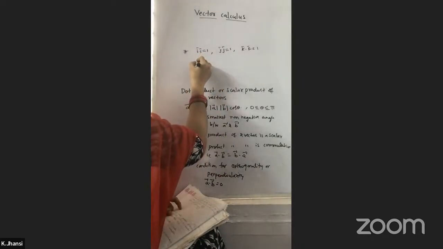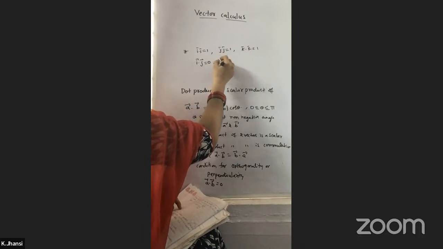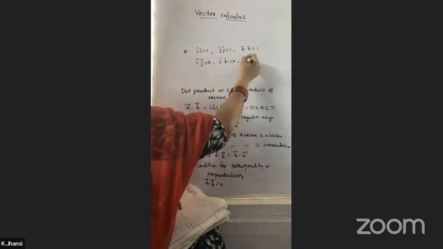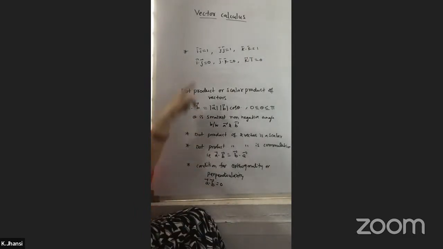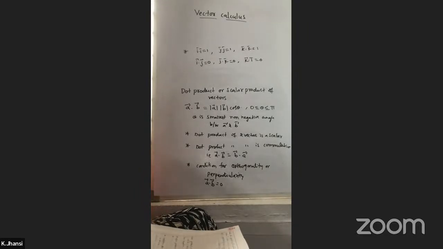And I dot J we get as 0, J dot K we get as 0, K dot I we get as 0. So remember this while solving the problems. And this is the condition for perpendicularity.